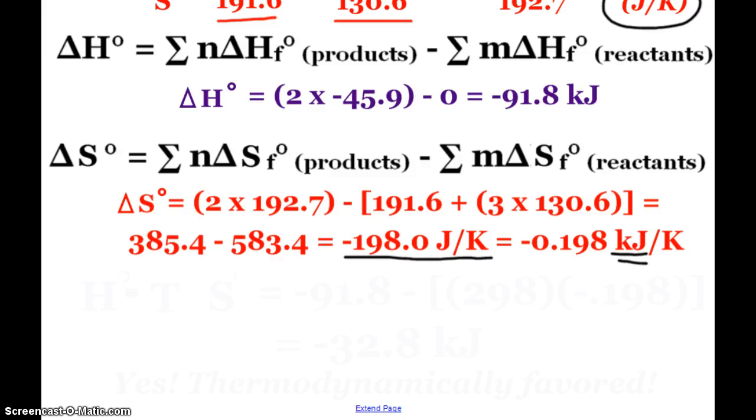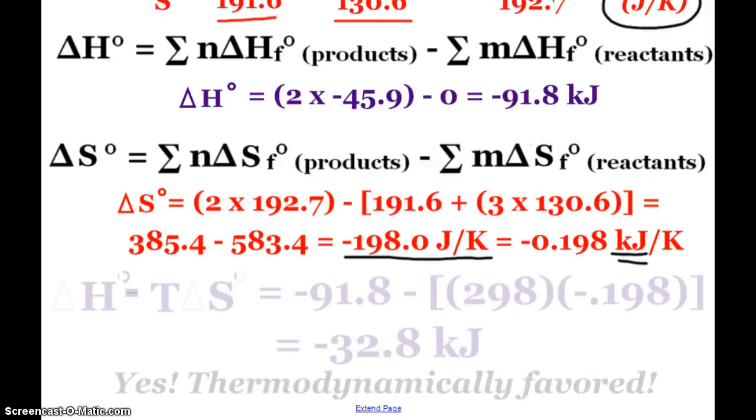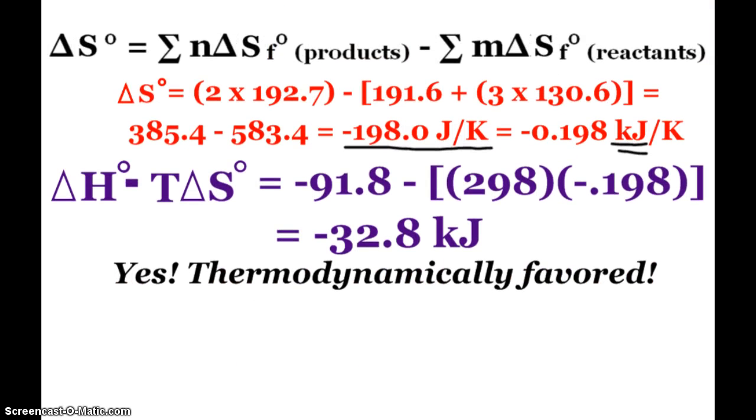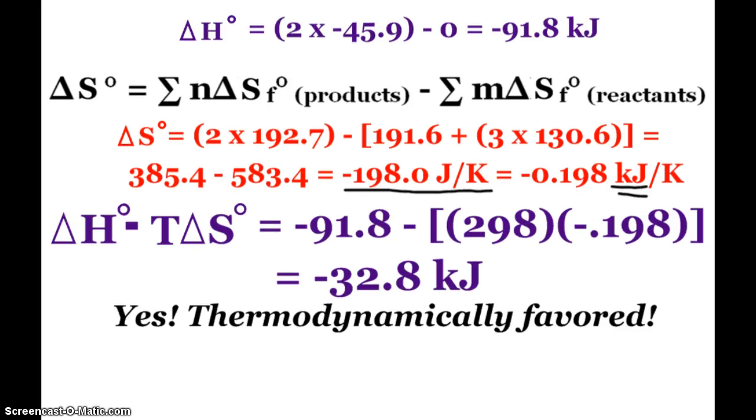And so now again, I want to know, is this thermodynamically favored as written? So my delta H minus T delta S must be negative in order for that to be true. And we do find that that is the case. My negative 91.8 for delta H minus T, this was at 25 degrees Celsius, so it's 298 Kelvin, times my delta S, which is negative 0.198.